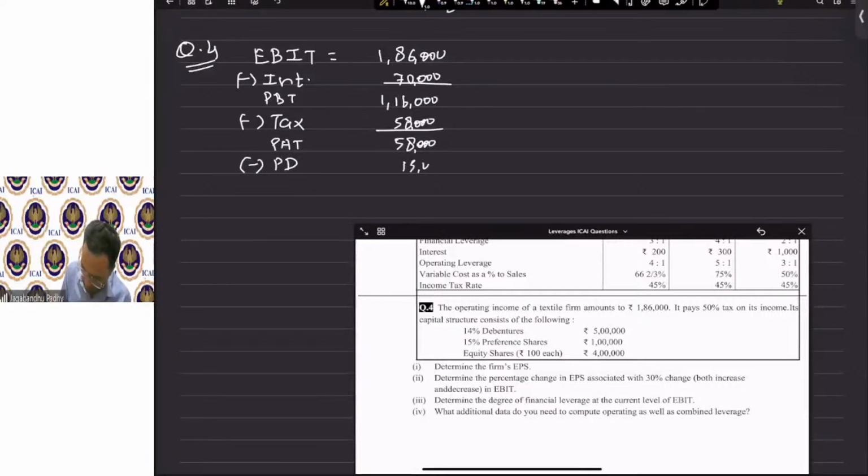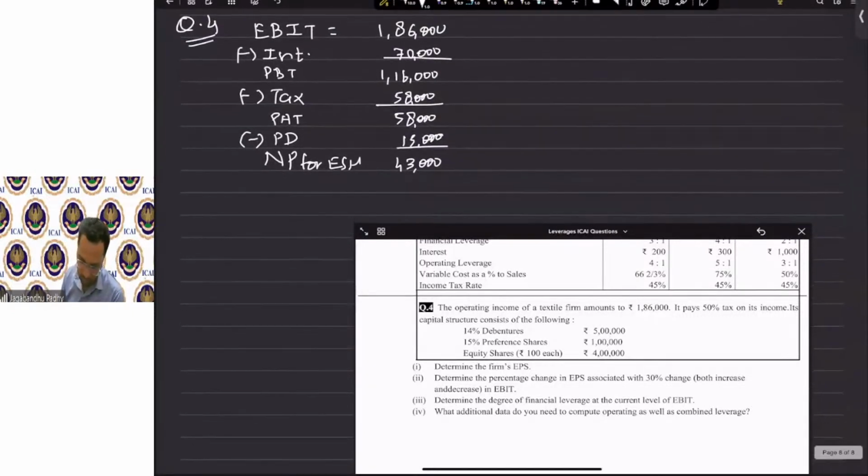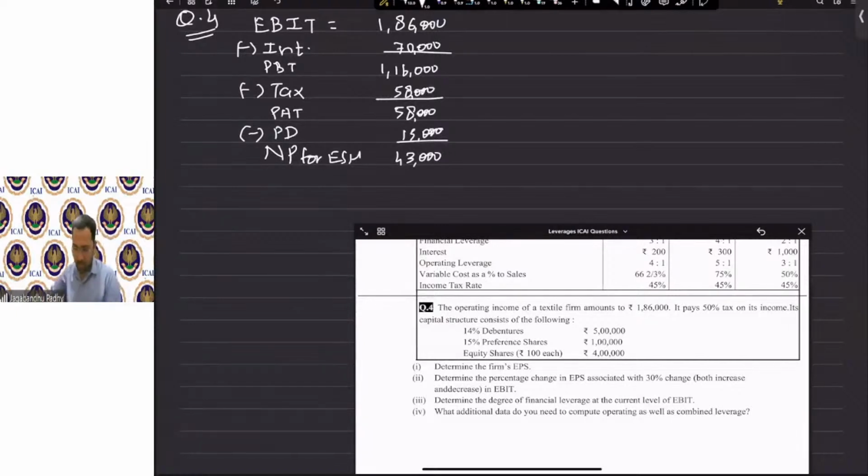Preference dividend amount is 15,000, and therefore net profit for equity shareholders is 43,000.